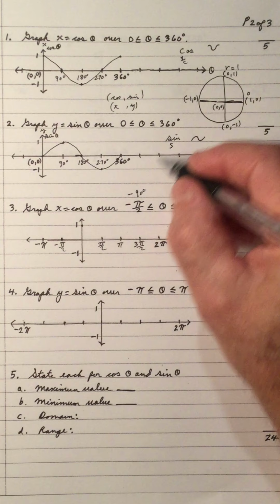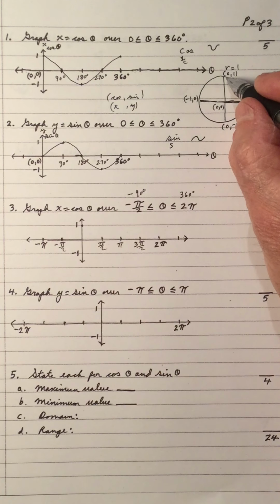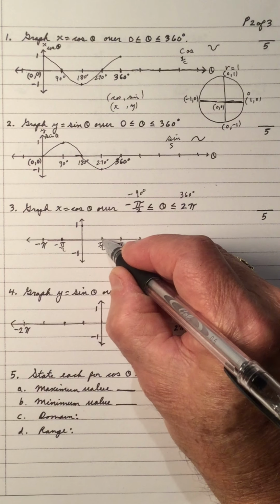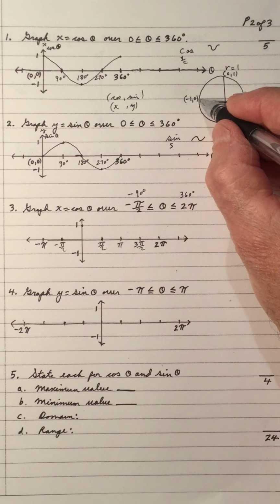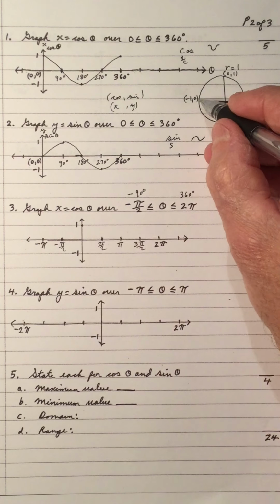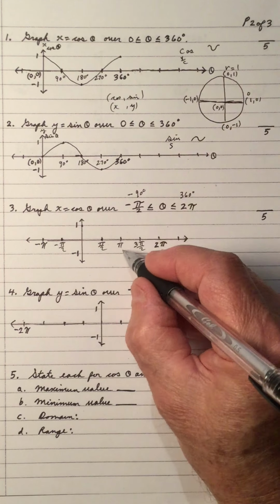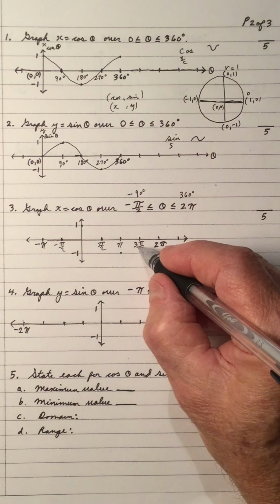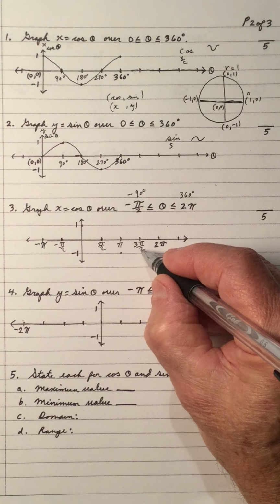And we're graphing for 90. Pi over 2 is 90. 90 is here, and cos is 0. And 180, rotate right around, 180 is pi, and cos is negative 1.